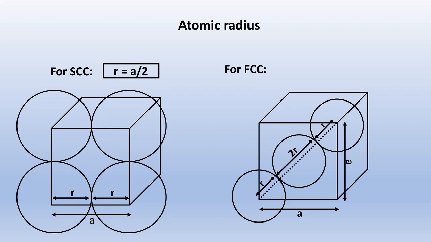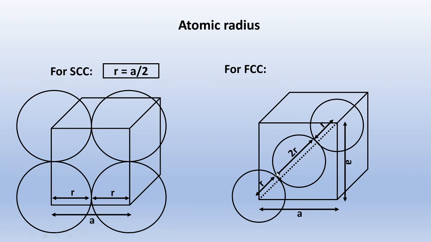And to calculate this radius in terms of A, we need to know this and this, which we already know, which is A. So now this is a right angle triangle, and we can apply Pythagoras theorem easily to calculate R in terms of A. From Pythagoras theorem we know that the square of this is equal to the square of this plus the square of this.